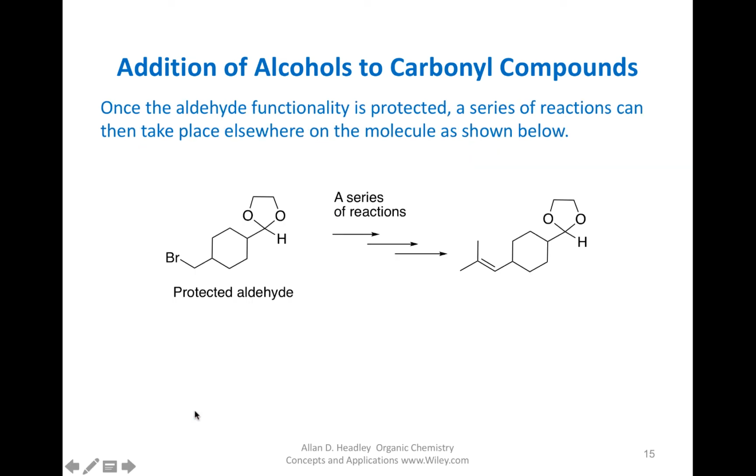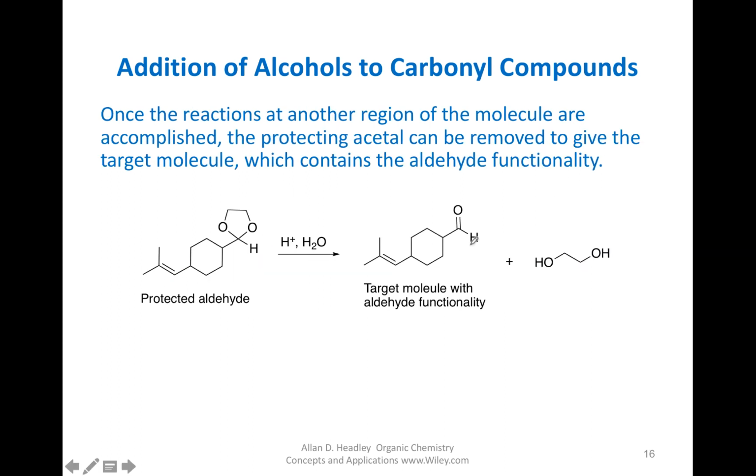So here we go. We now have our protected aldehyde. We can carry out reactions on this end of the molecule to get that. Notice the reaction does not occur here because it is protected. Once we have carried out the reactions over here, we can remove the protection as shown here.